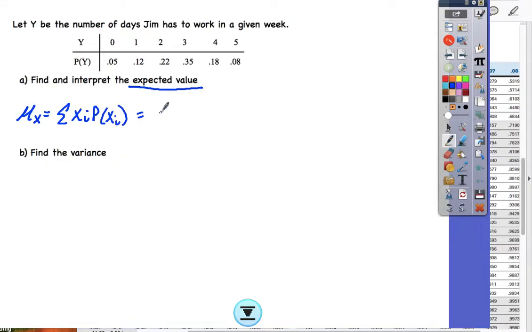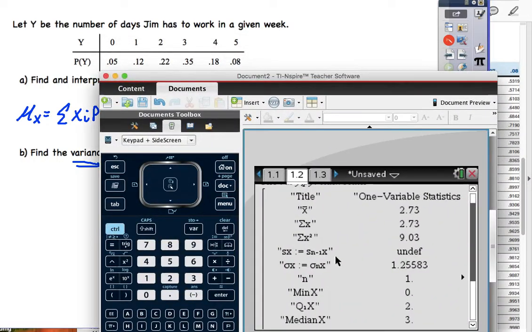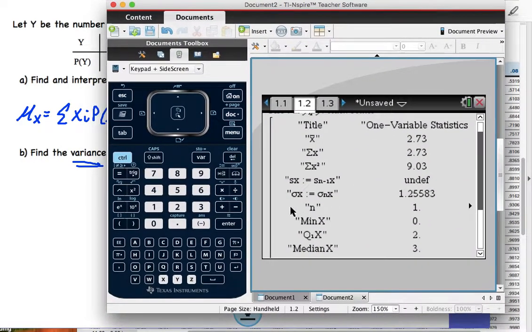So when we did it on our calculator, we got 2.73 for this expected value. Now the variance, be careful of the wording, the variance was not given to us in the calculator. This is the standard deviation. So what we have to remember is that the variance is the standard deviation squared.